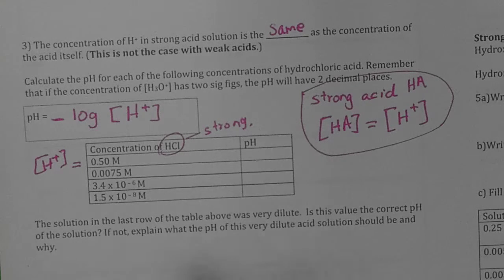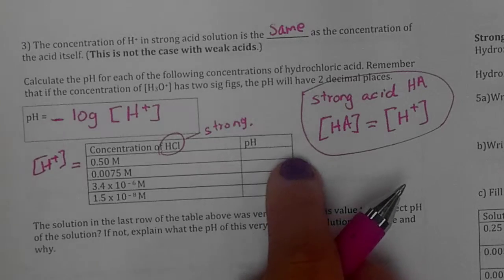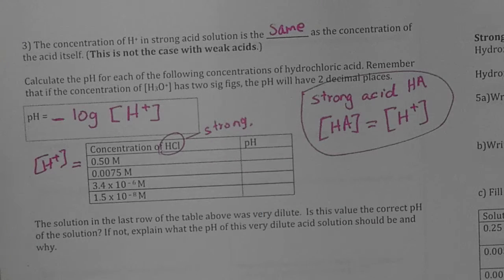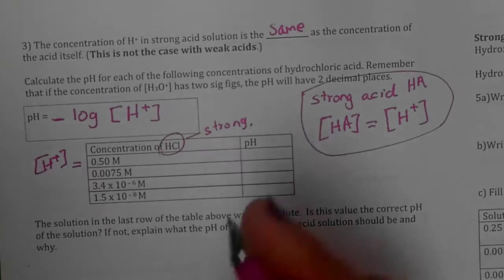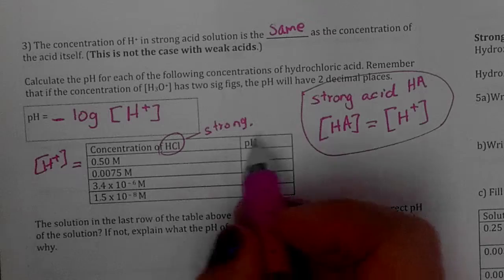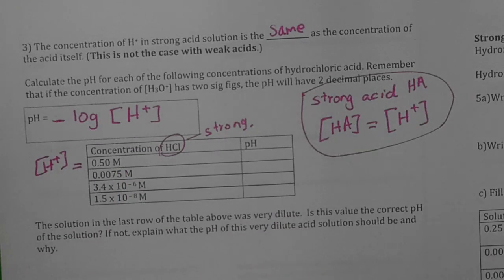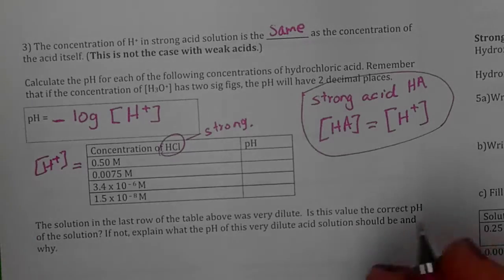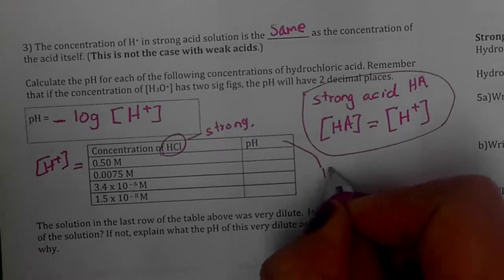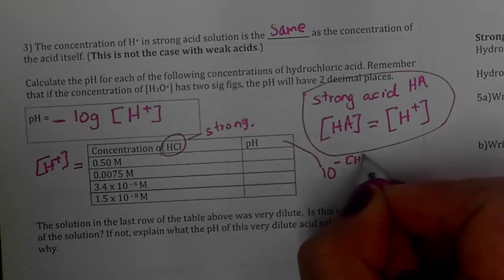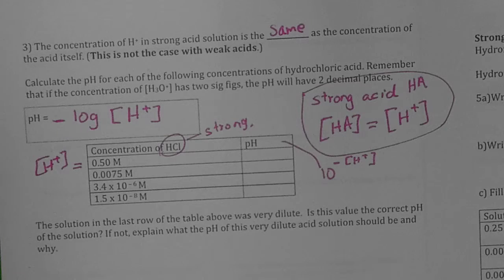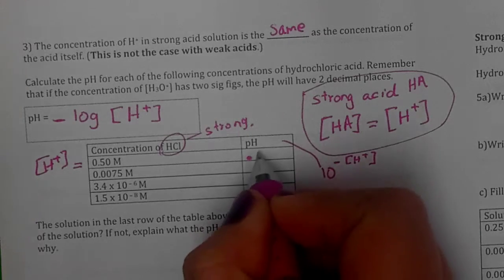Okay, so you're going to quickly try to figure out what each one is. You're going to say negative log, not ln, 0.5. Oh wait, no, backwards. How do you find pH? 10 to the negative power. See? Backward. I'm already doing them. So remember that one. pH is 10 to the negative power of H plus. This one will give you 0.32.